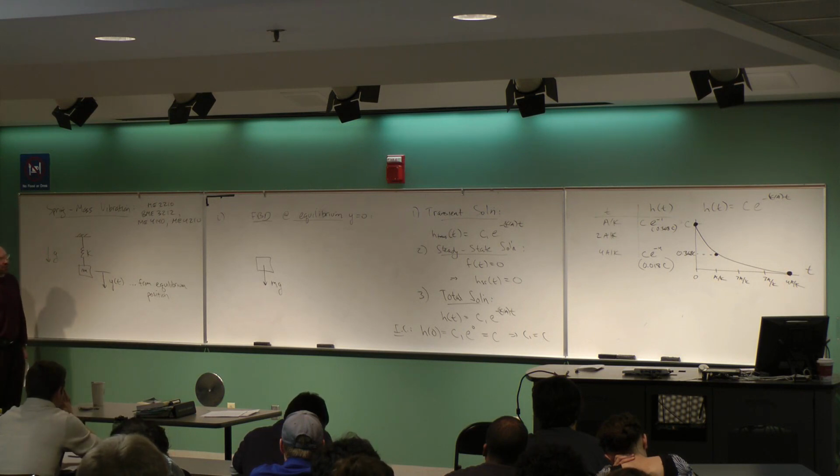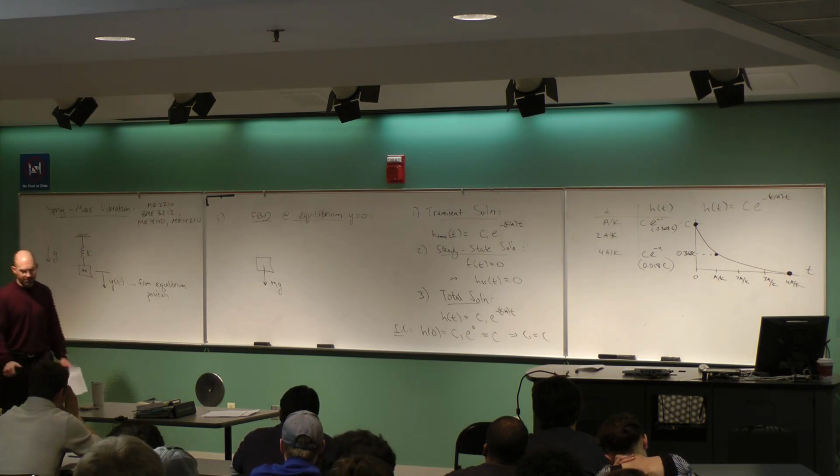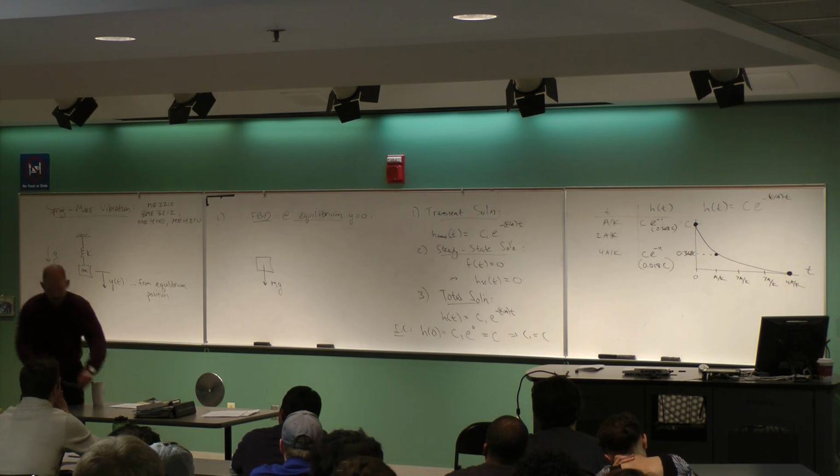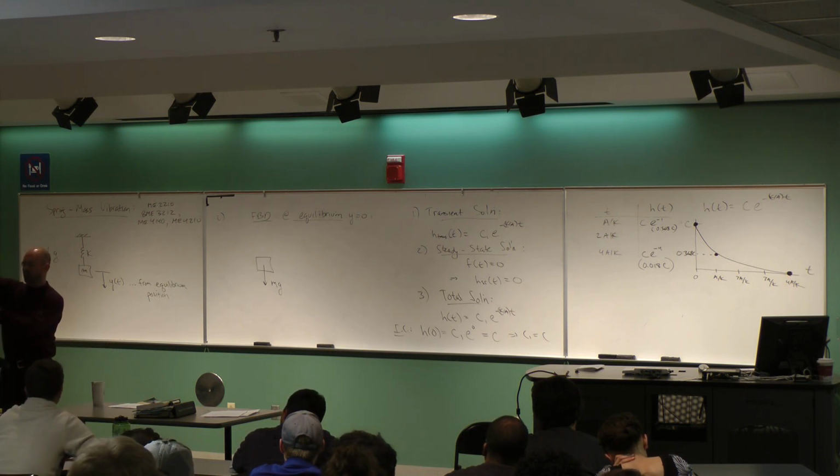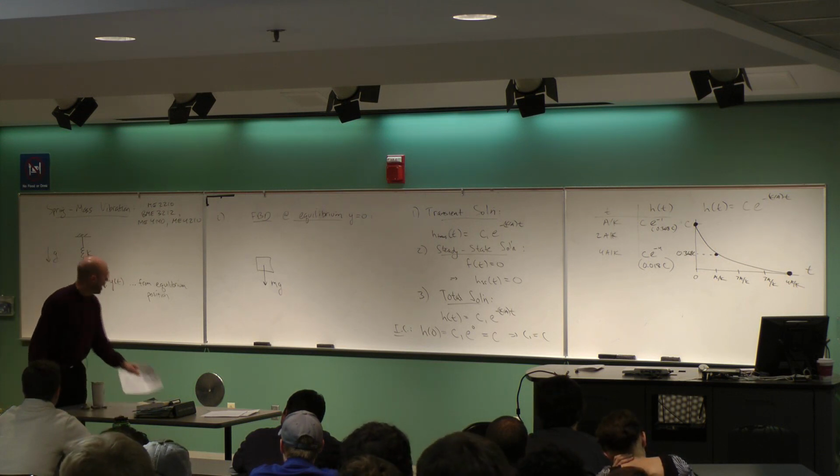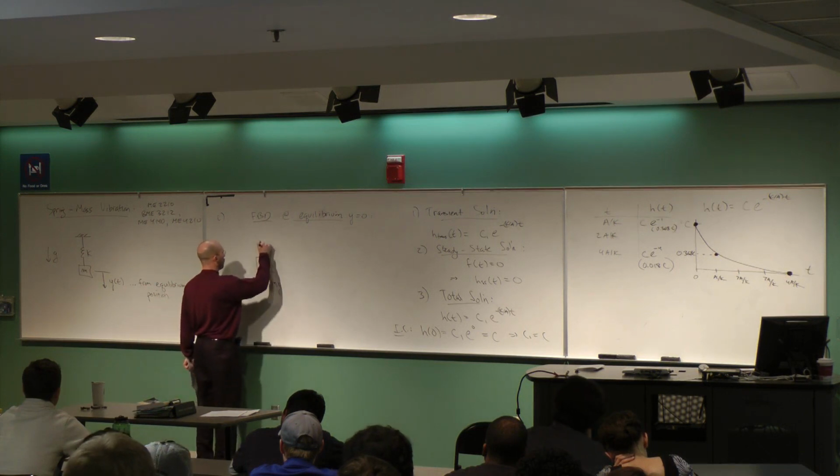Is there any other force acting on this thing? The spring's what's holding it up. If it was just that, it would be free falling. So it's not free falling, the spring's holding it up. And so how do you get the force in a spring?